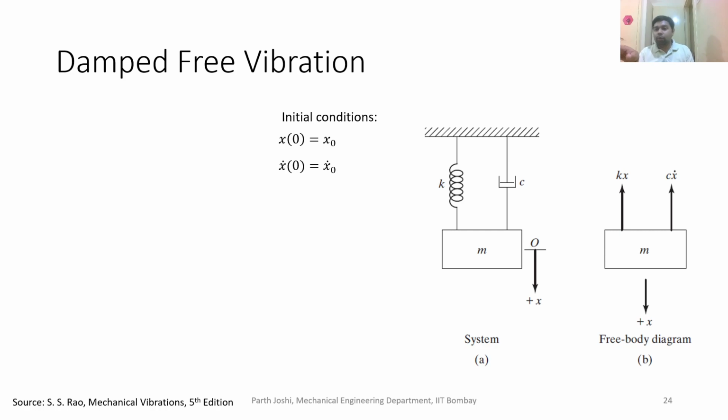So m into x double dot, with the acceleration in the downward direction and the forces opposite to the acceleration, is kx plus cx dot. So we get a differential equation of this form: m x double dot plus c x dot plus kx is equal to 0. I think all of you would be familiar with this kind of differential equation.